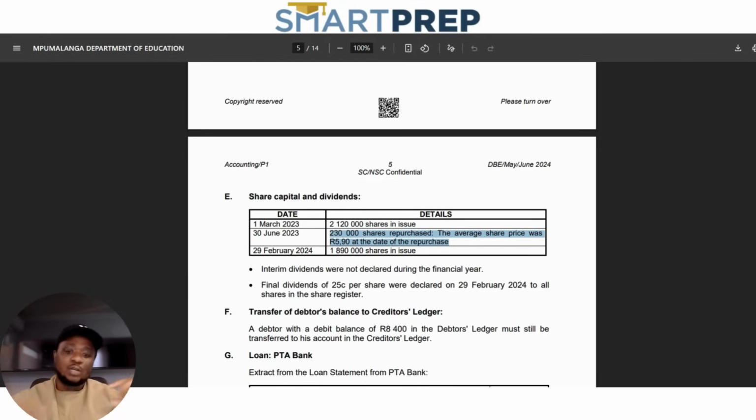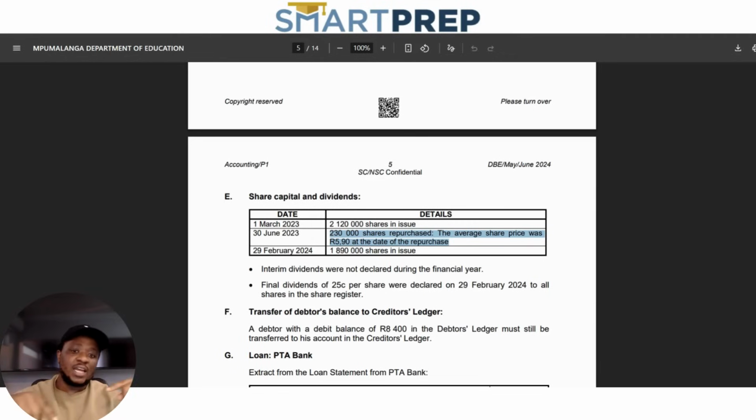Now, it says that we must transfer that account to the creditor's ledger. This can happen in a situation like this: you can see here that this person is in the debtor's ledger and they're also in the creditor's ledger at the same time. So maybe you buy on credit from someone and they also buy on credit from you. Sometimes you deal with them as a debtor, sometimes as a creditor. So in this case, we're going to take this 8,400 that they owe and use it to offset against the amount that we owe them.